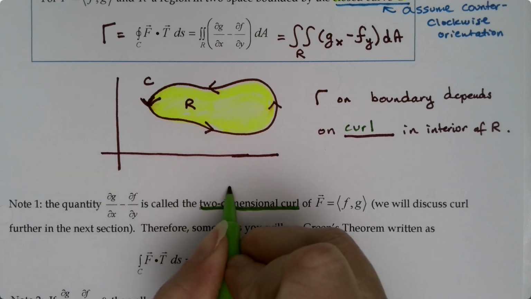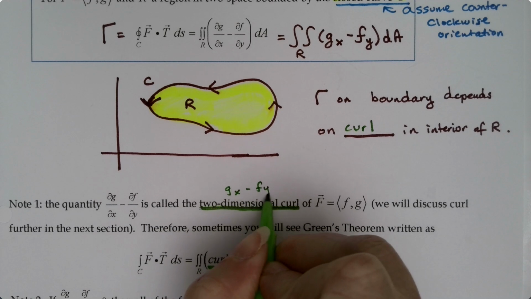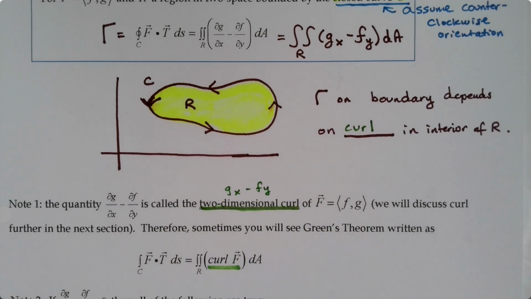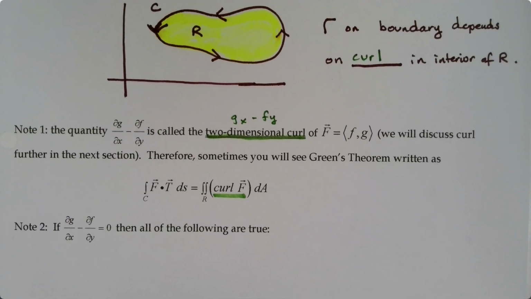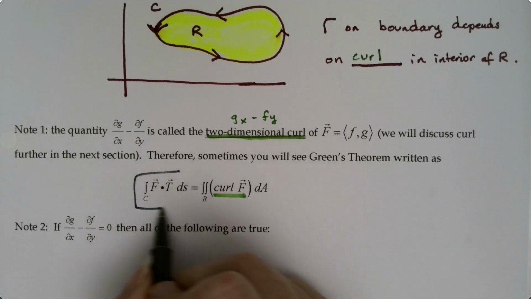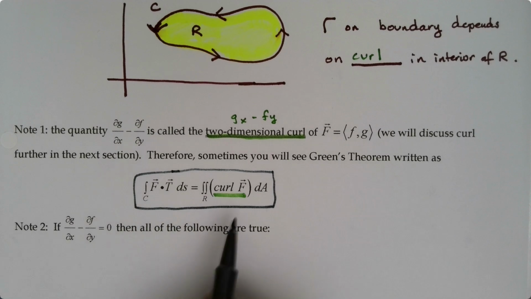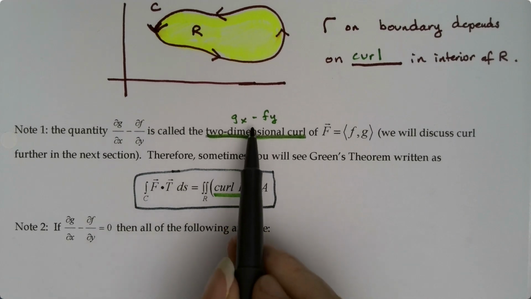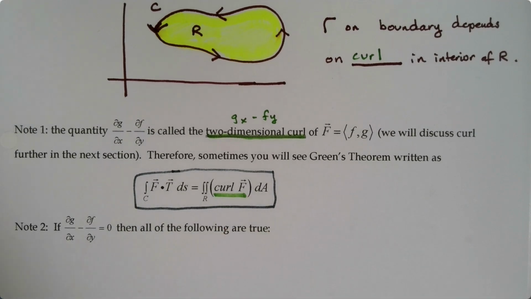So g sub x minus f sub y is the curl. We're going to discuss curl further in the next section, but for right now, that's all you need to know about it. All right, so sometimes you'll see Green's theorem written this way. So, matter of fact, it's often written this way. The curl of F, and everybody assumes you know what curl is, that curl is equal to this.